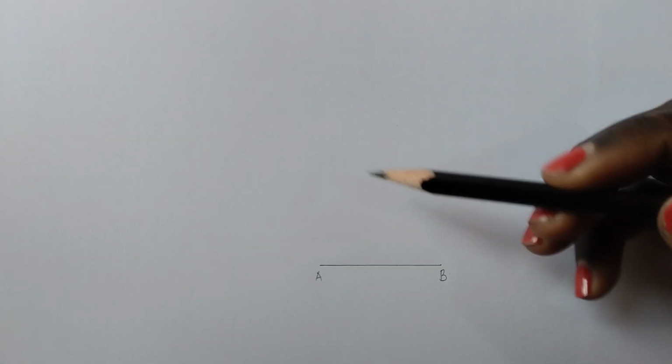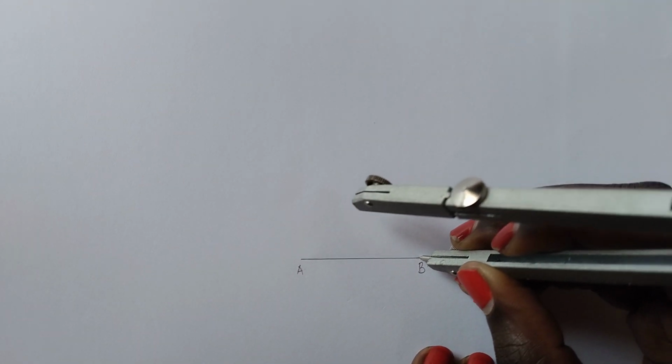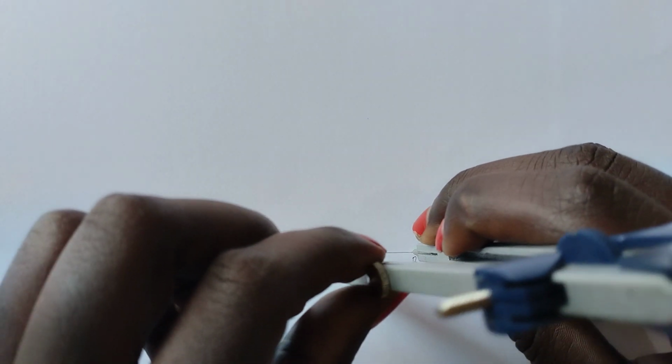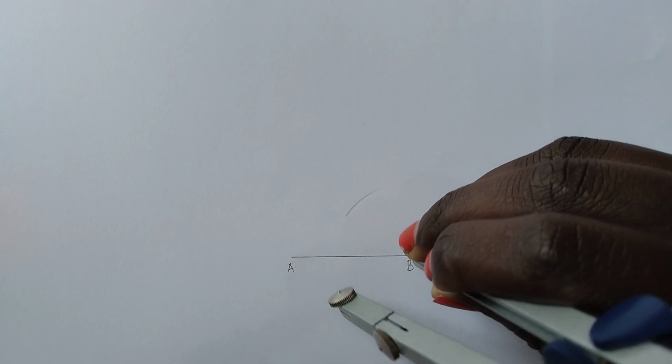Our second step, we are going to bisect this line AB. To bisect simply means to divide into two equal parts or into two equal portions. So I'm going to take my pair of compasses, one leg at point A, open it more than half of line AB, and make an arc on the upper part and the lower side.